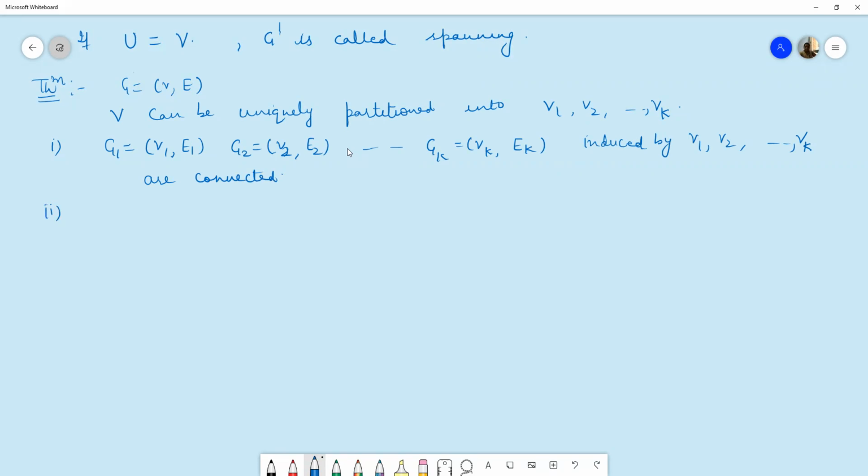Then secondly, for each i not equal to j and each pair of vertices, say x in Vi and y in Vj, there is no walk joining x and y.